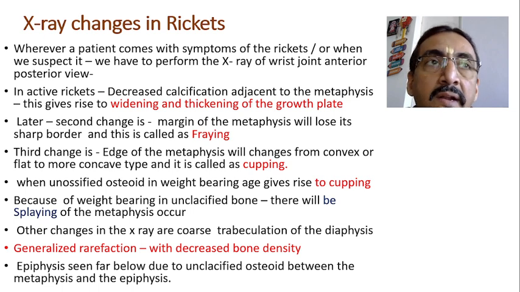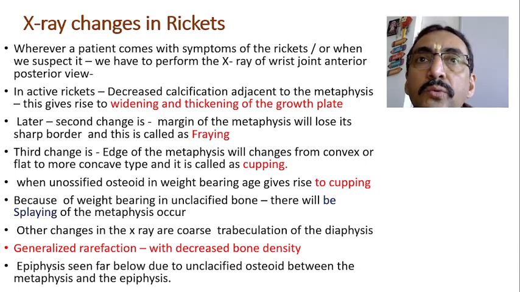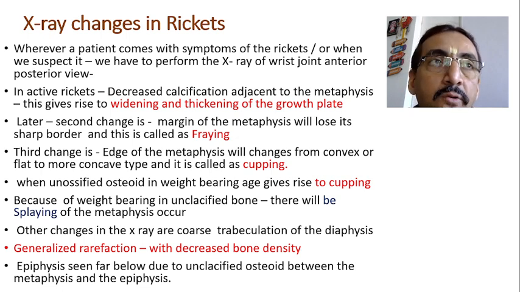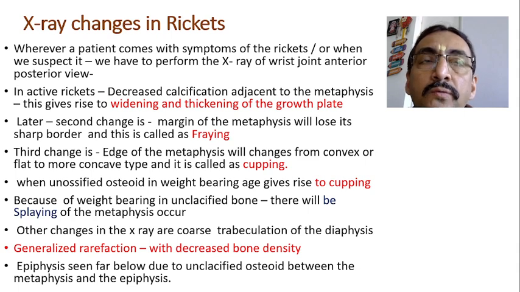In the infantile period, the maximum pressure will be on the wrist joint because the child is involved in creeping, crawling, crouching, then sitting without support, with support. All the time, the wrist joint comes into play. So usually the pressure will be more on the wrist joint than on the lower limbs.